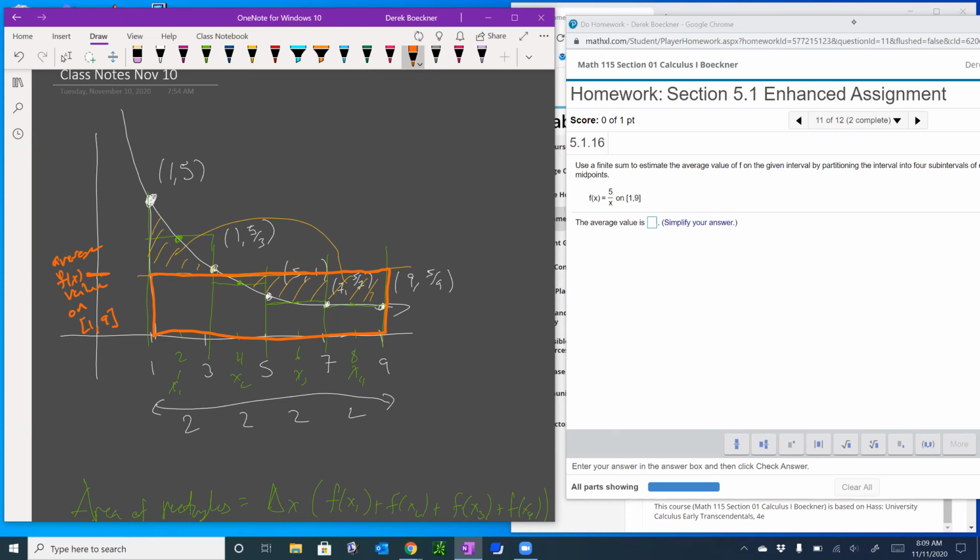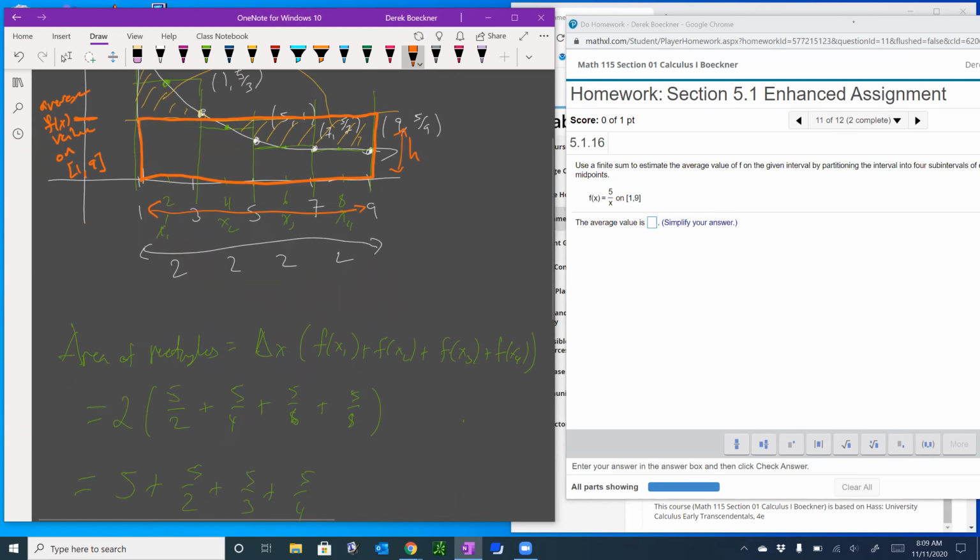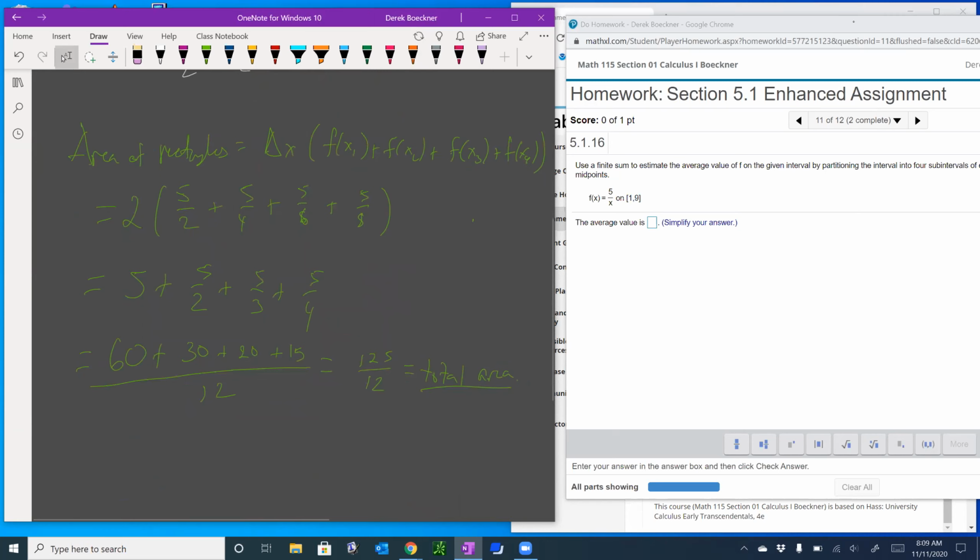Well, I take the total area of the green stuff and I divide it by the length, right? If you take the area divided by the length, you get the height. We want the length times the height to equal the green area. We have the green area. We're just going to divide everything by 8 then.